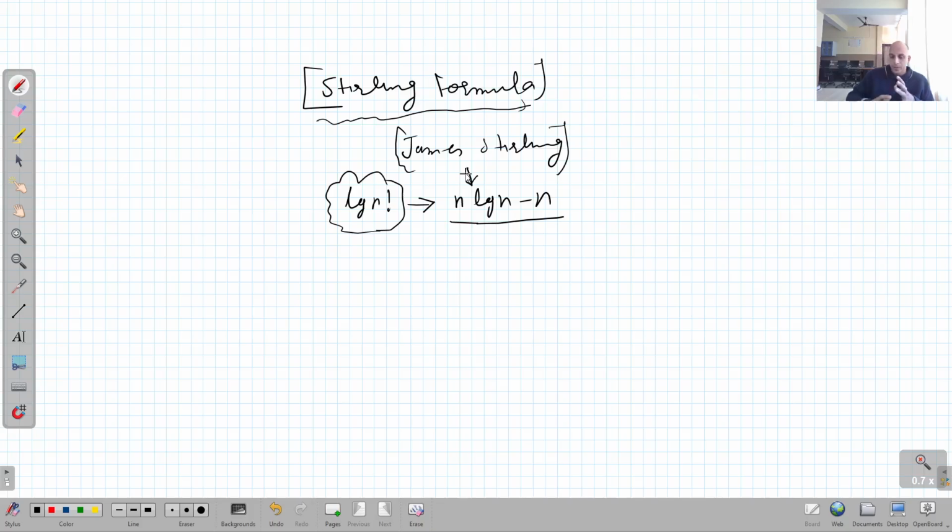Now I will see how this formula is derived, and what the importance of this formula is in statistical and thermal physics.